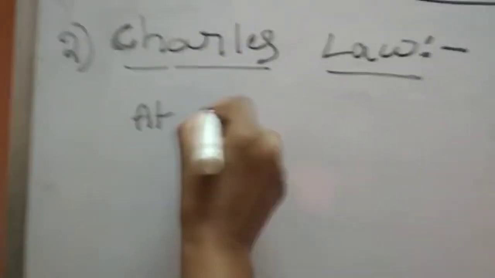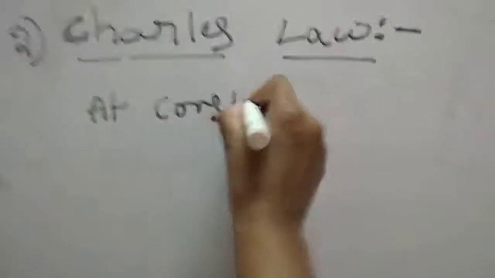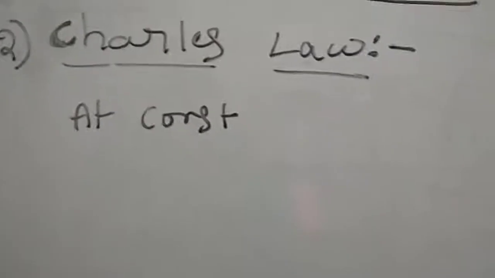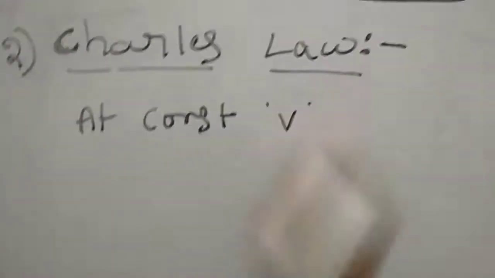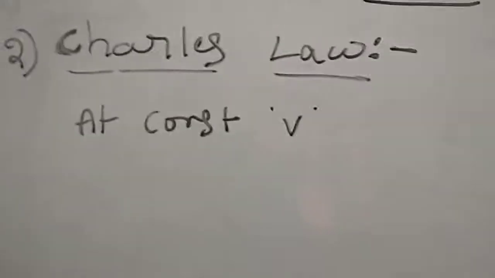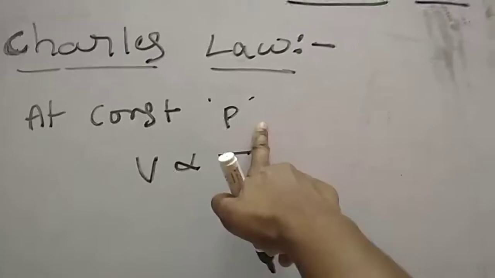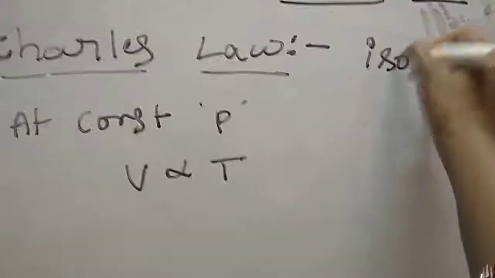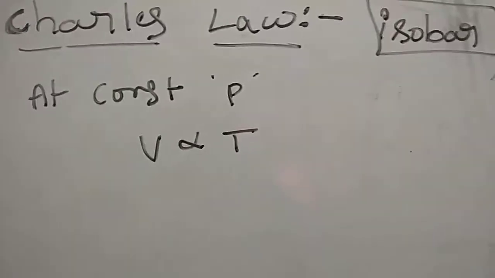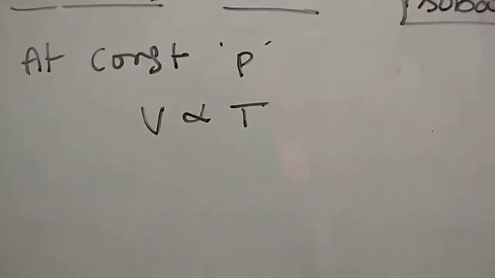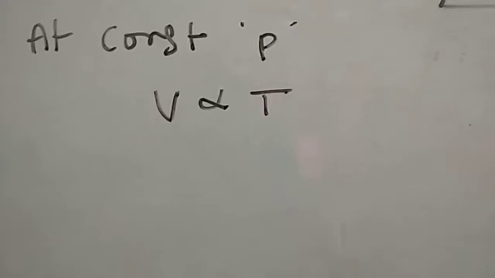There we took constant temperature; here it is constant pressure. Charles' law at constant pressure: volume is directly proportional to the temperature. The graphs we draw at constant pressure are said to be isobars. At constant pressure, volume is directly proportional to temperature.